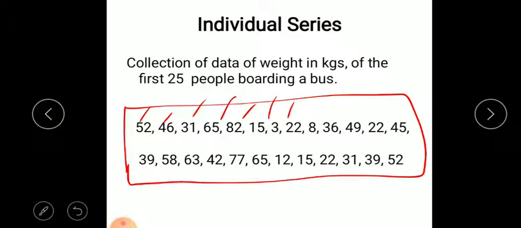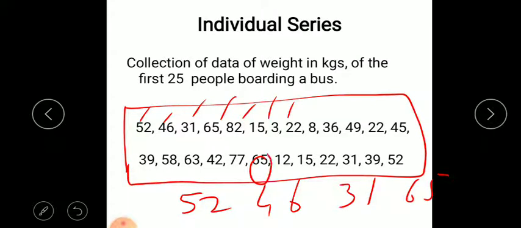But before that, you can note down these different values: 52, 46, 31, 65, 82, 15, 3, 22, 8, 36, 49, 22, 45, 39, 58, 63, 42, 77, 65. Now 65 is repeated here, so no need to mention 65 once more.